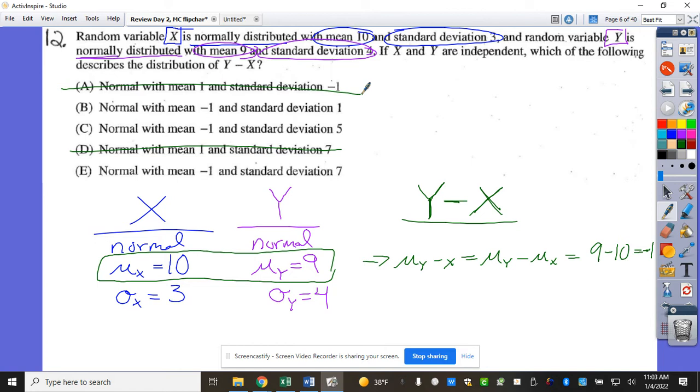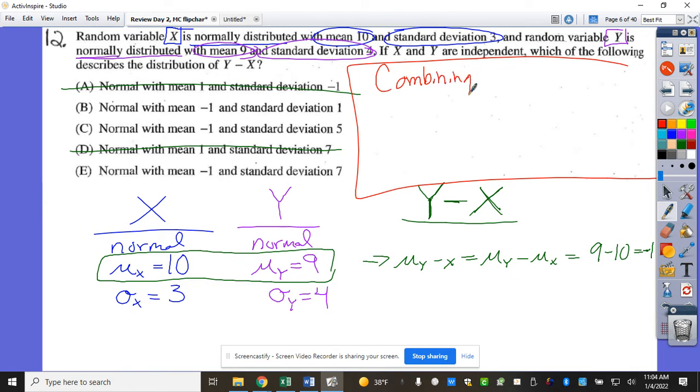What do we always have to know about combining standard deviations? 2 rules, what's one of them? So this problem told us to subtract, but we know when we put them together, we can only add.